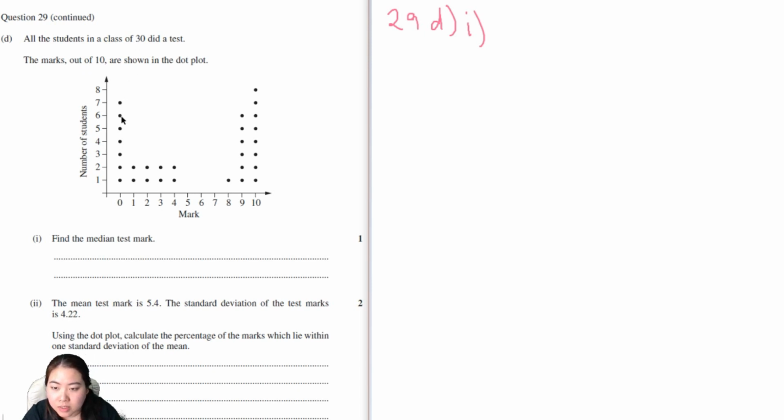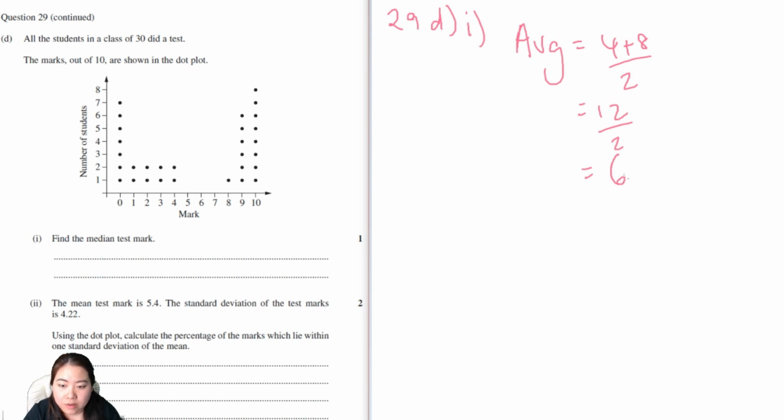Counting up to 16, the 15th and the 16th marks are 4 and 8. We need to find the average of 4 and 8, which is 6. Therefore, the median test mark is 6.